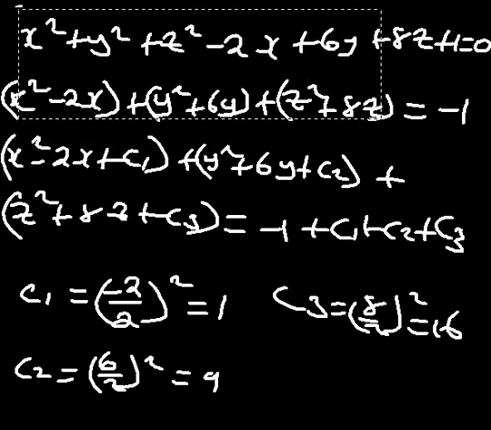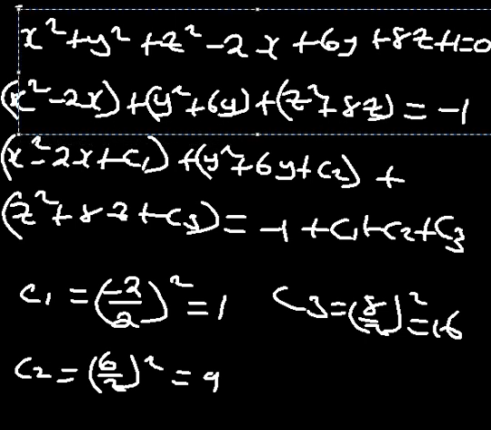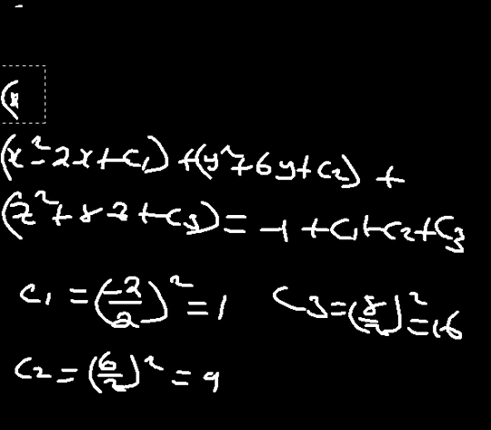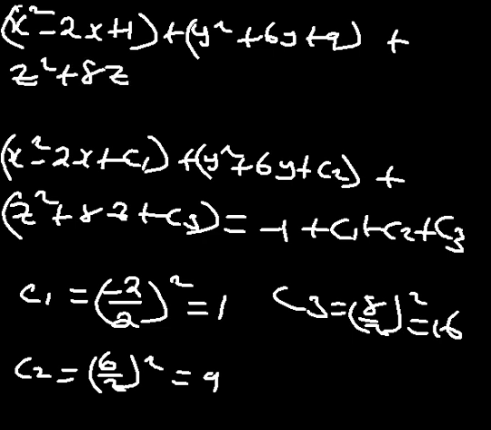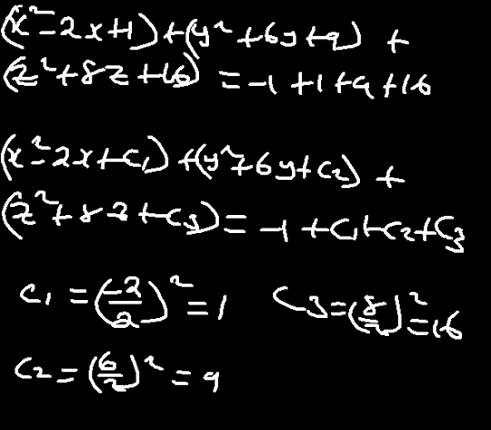So which means we can have it in this case now: x squared minus 2x plus 1, plus y squared plus 6y plus 9, plus z squared plus 8z plus 16, which is equal to -1 plus 1 plus 9 plus 16.